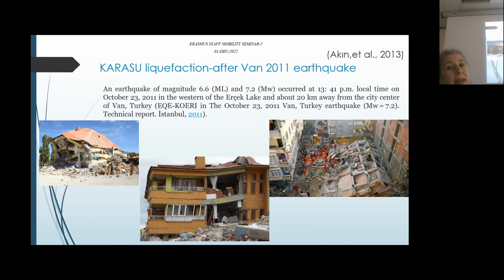It was a magnitude 7.2 earthquake in October, and then afterwards another earthquake occurred in November. So we felt the biggest fatalities twice.